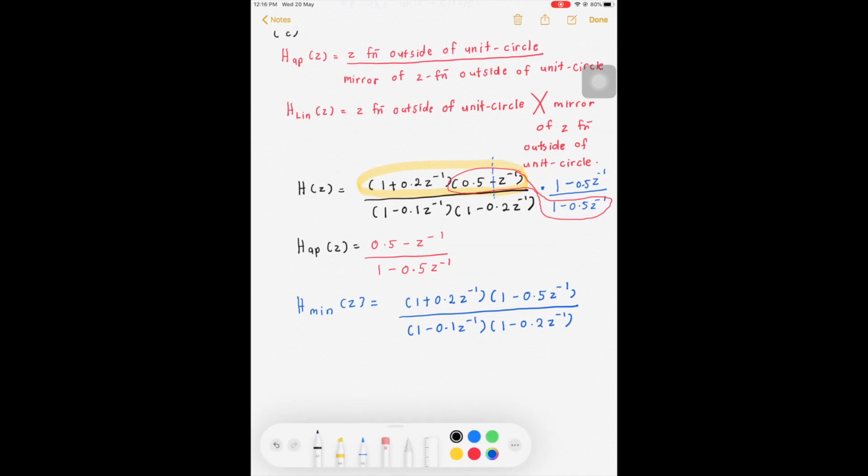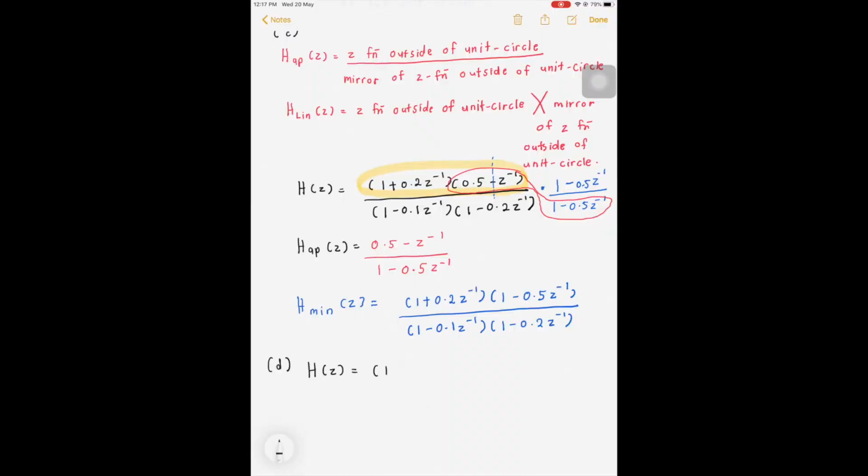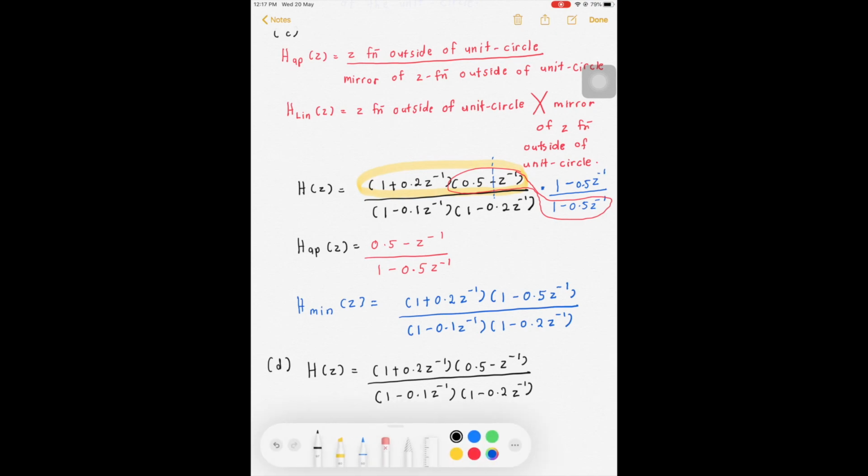Very easy, right? For question D, you have to determine the minimum H linear. We have this function, the original transfer function. Our ultimate goal is to kill off the zero function which is outside the unit circle.